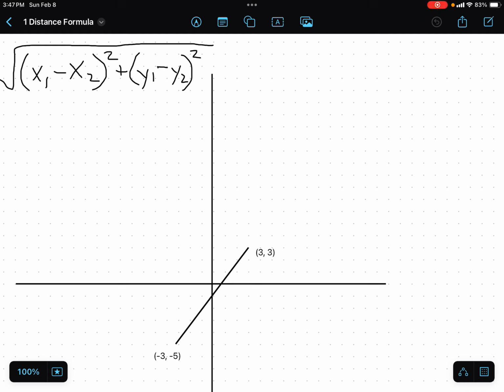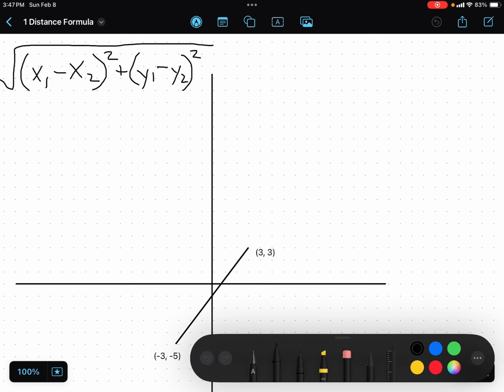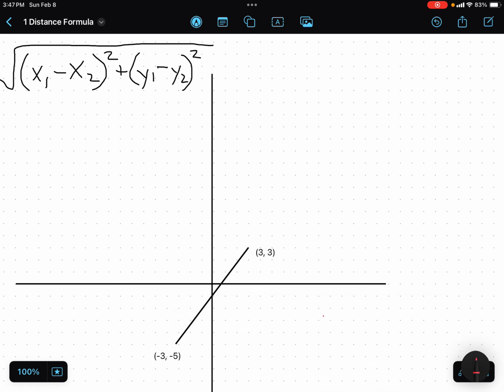So here you have a line segment and its endpoints, and we're going to use the distance formula to show how long that is. So you can see the x coordinates. From here to here is the difference in the x coordinates, which you can see represented here.